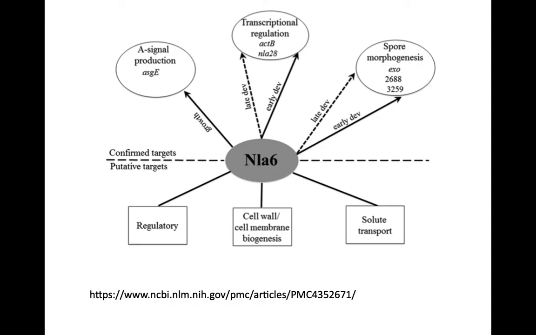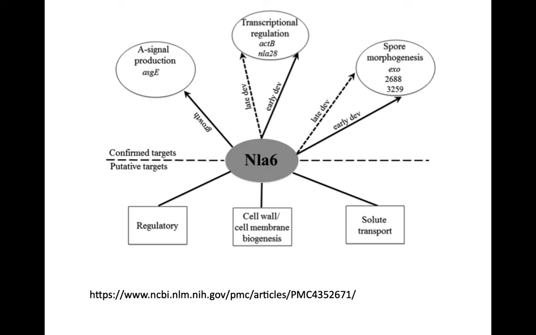NLA6 is a key regulon. You may want to view or read the whole article from this inset. I've included the link here. It's open access, so you can access it without any subscription.